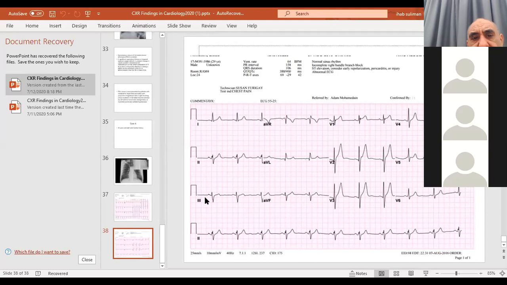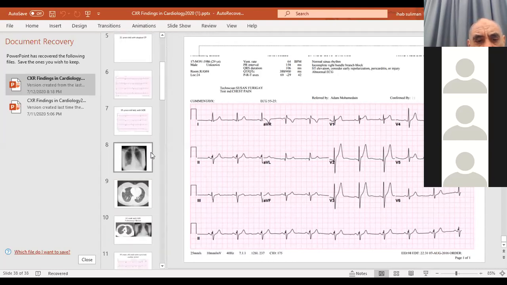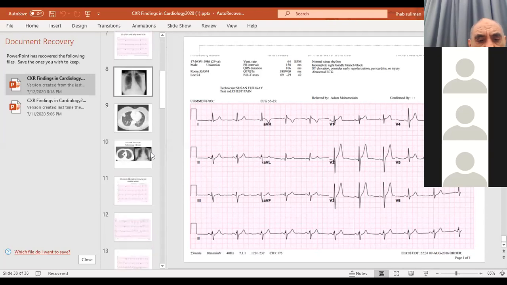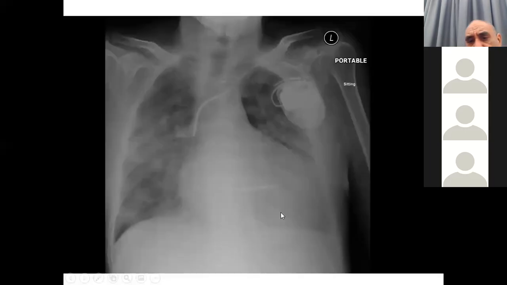For those who come late, I will go to the first case. It is interesting actually to show the gentleman who underwent procedures. So this is a 90-year-old from our cardiac center in National Guard Hospital. He underwent 3 cardiac procedures.